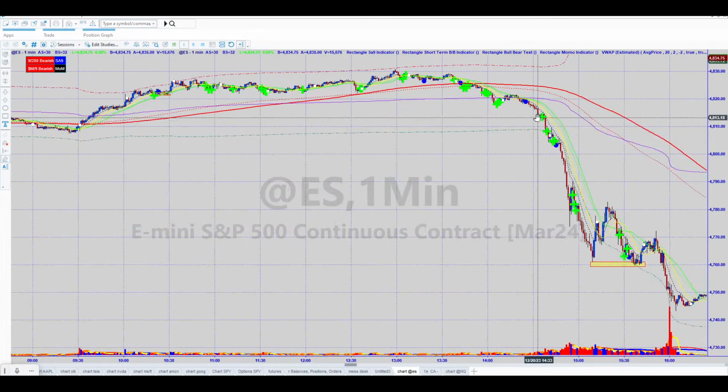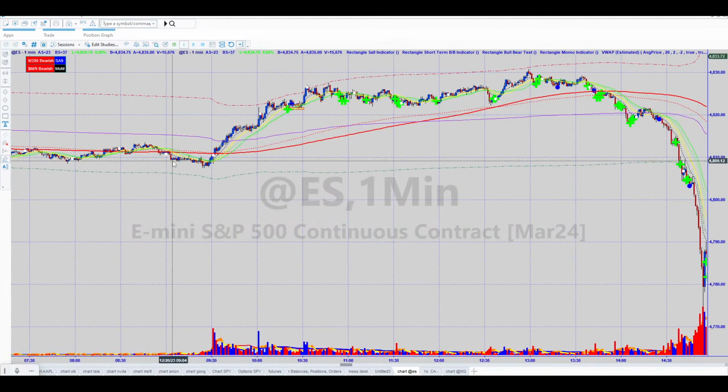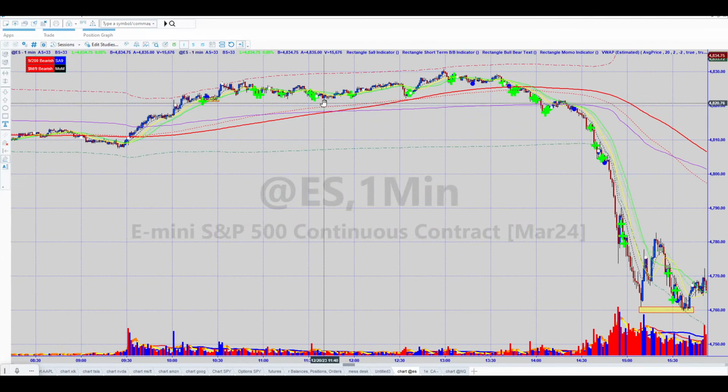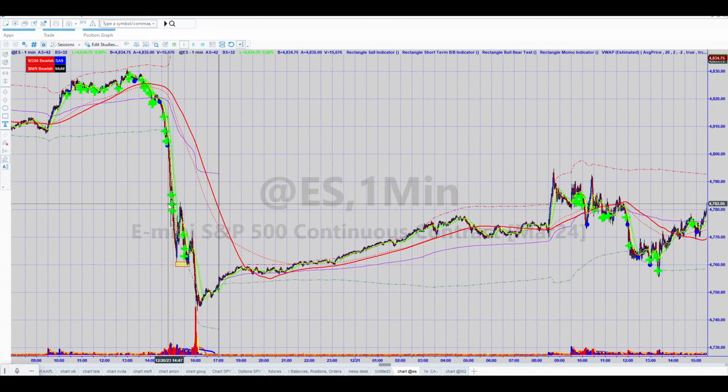Oh yeah, that was the day. I think that was the day when, I forget what happened on that day, but yeah, the market really just flushed that day and went through a lot of liquidity zones and different price structures.